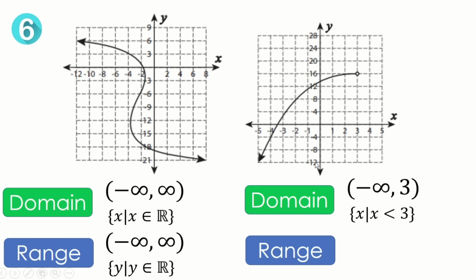Kapag kinukuha naman yung range, from bottom or from down to this one, mula sa baba, paakyat. Kung mula sa baba paakyat, edi from -infinity to +16. So, your y is less than 16. So, again, nagbigay ako sa inyo ng 4 na klase ng graph. Kung nalilito kayo, pwede nyo naman balikan.